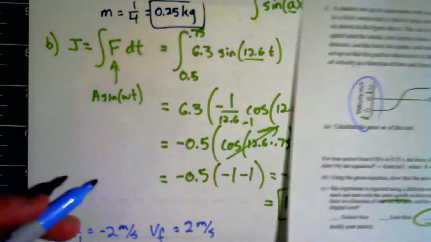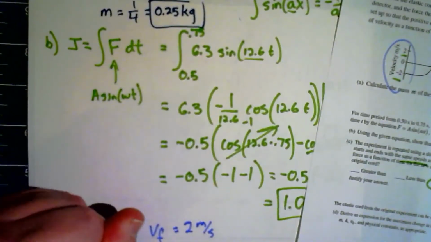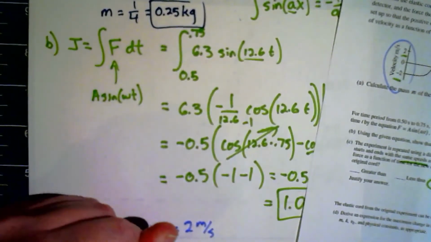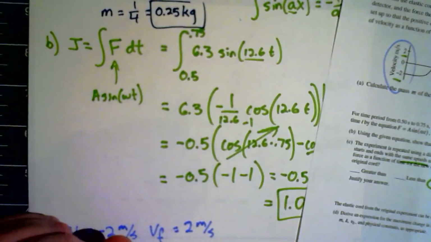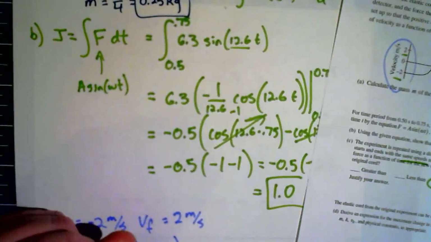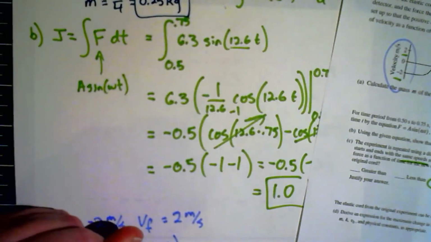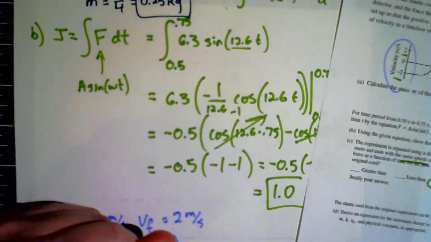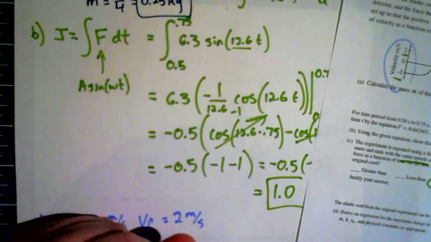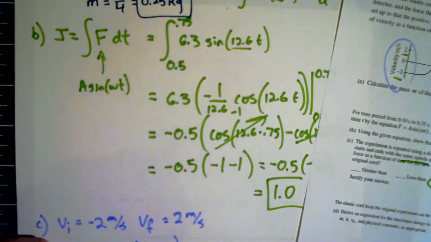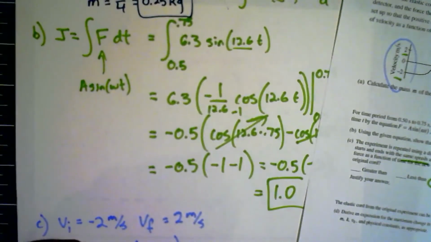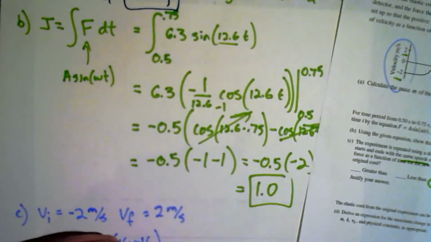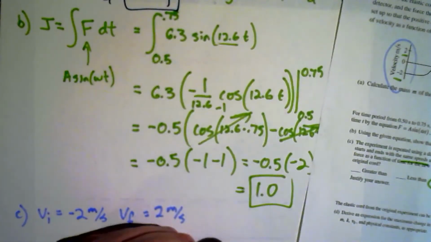Then that means our change in momentum, delta p, which is m times v final minus v initial, is going to be the mass, which we calculated earlier to be 0.25, times our final velocity, which is 2, minus our initial velocity, which is -2. We end up getting that our delta p is 1.0. Well, that's 1.0 Newton seconds. That's the same thing as our impulse, which is the area.